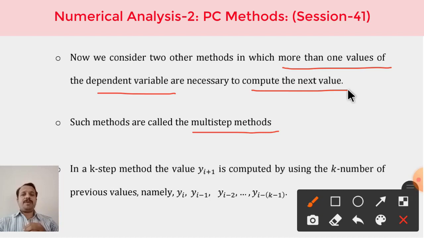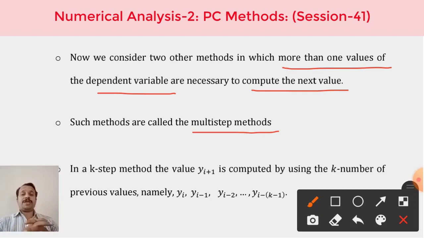Say for example, we want to compute the value of y at x1, that is y1. We require the previous values y naught, y minus 1, y minus 2, y minus 3. For example, these four values are required to compute the value of y at x1, that is y1.